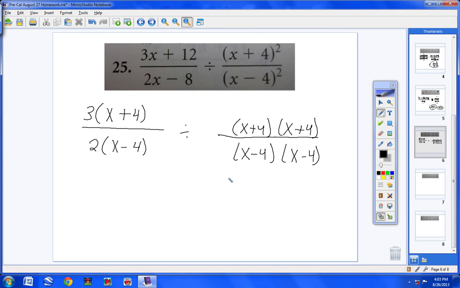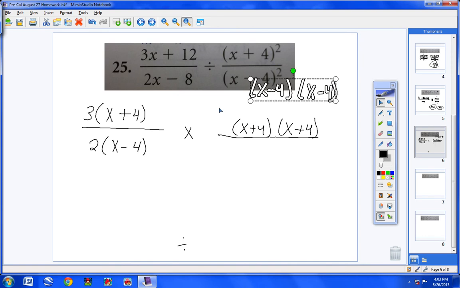Step 2 says flip any fractions that need to be flipped. And so we're going to do that right now. We have a division symbol right here. Do you see that? And because we have a division symbol, we're going to pull it down here, and we're going to put a multiplication in, and we're going to flip the second fraction. So here we go. Let's see if we can't move stuff around here. That's going to go up top.